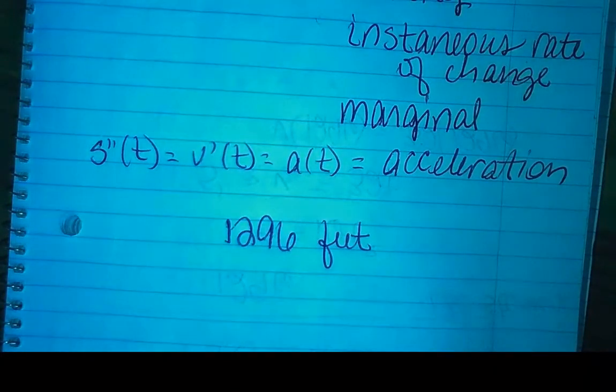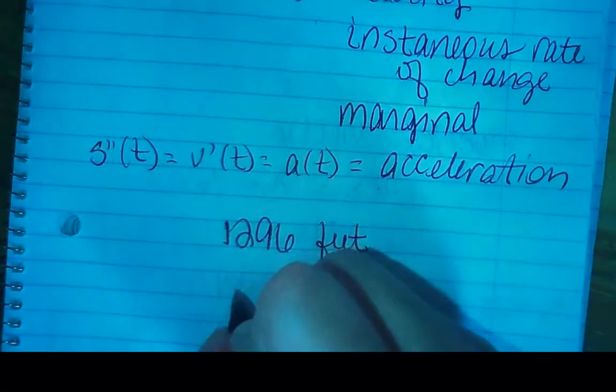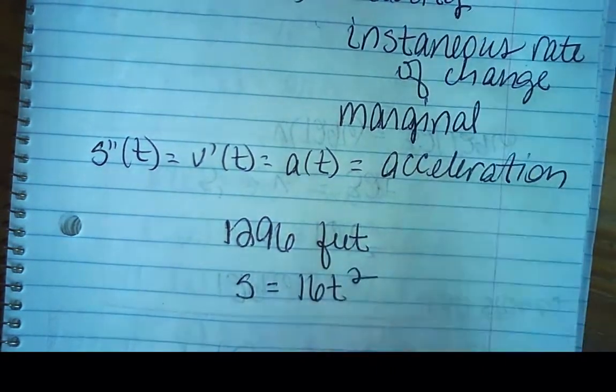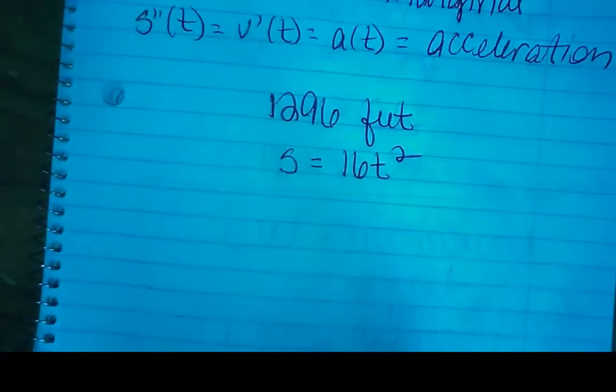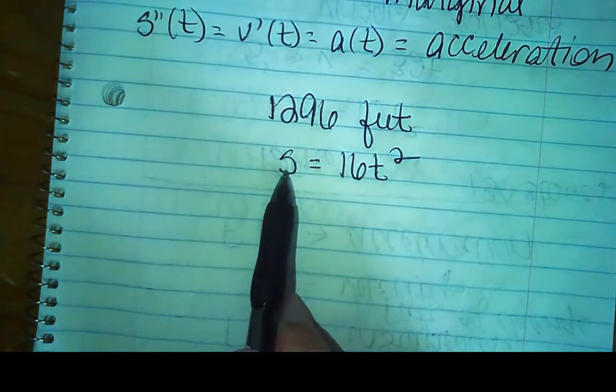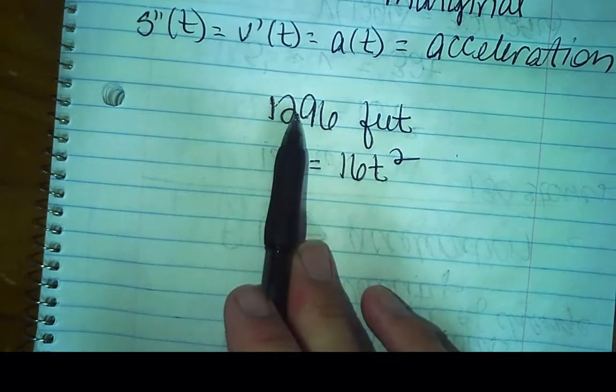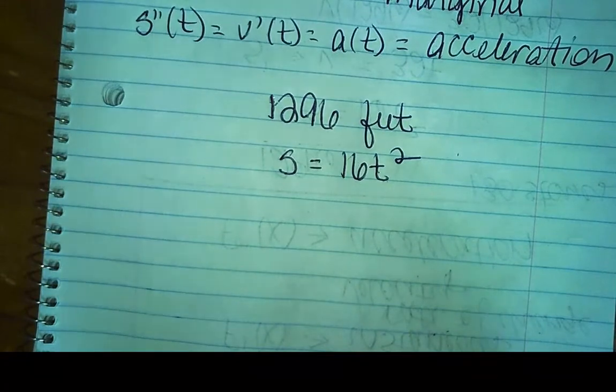The distance in feet that the hammer falls in t seconds is S equals 16t squared. That is your position function. So this tells you how far it's going to fall. My first question is, what is the hammer's velocity when it hits the ground?